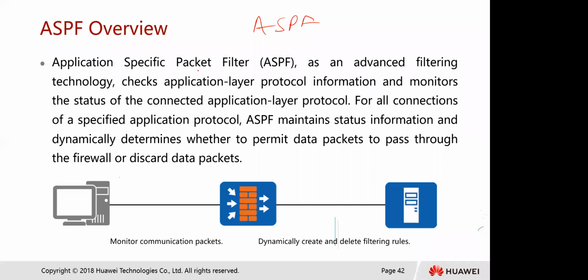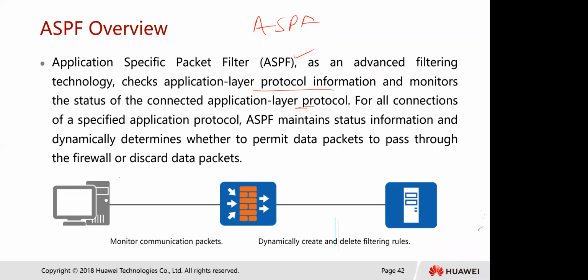So the application specific packet filter, as an advanced filtering technology, checks the application layer protocol information and monitors the status of the connected application layer. It checks the application layer protocol information, and also monitors the status of the connected application layer.